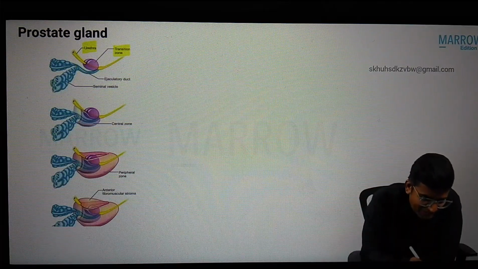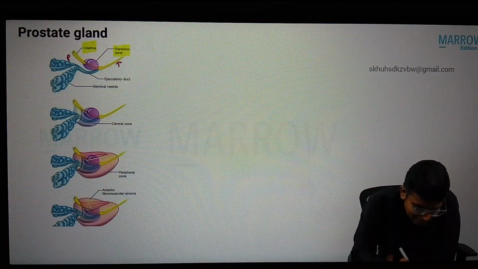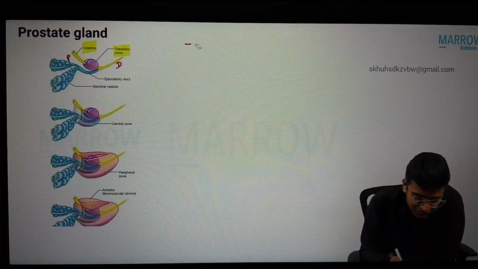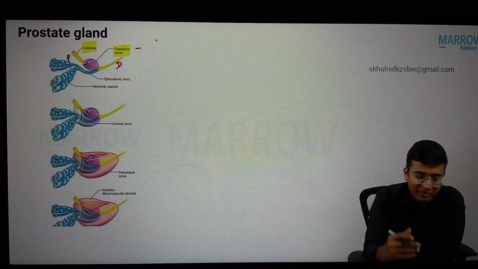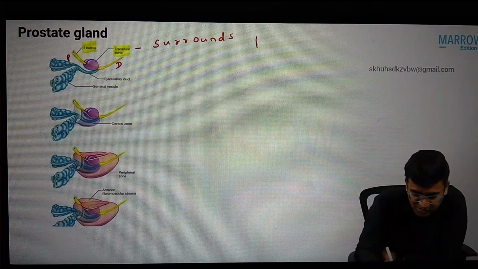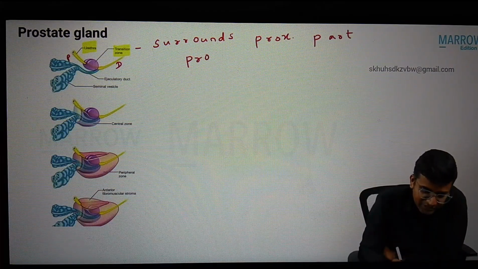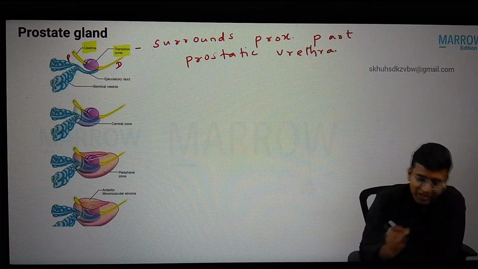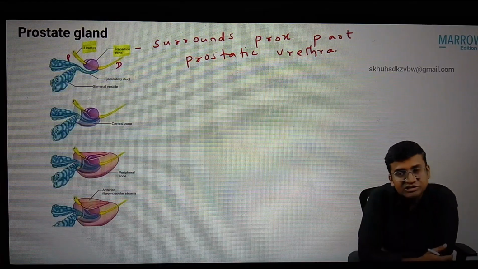This is the proximal part of the urethra, I'm writing it as P, and this is D. So the transition zone surrounds the proximal part of the prostatic urethra. That is the transition zone.